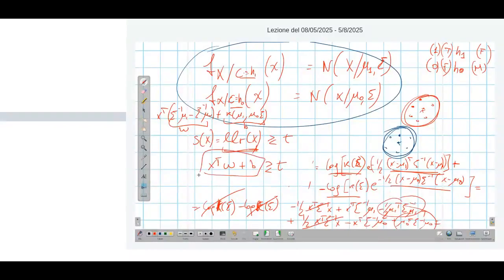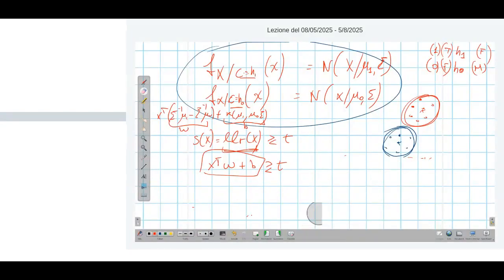So what kind of decision rule is this? This should not be new, because we saw exactly this like a month and a half ago. What kind of decision rule is it? Where is the boundary here, the separation boundary? The boundary is when this is equal to the threshold. What kind of surface is this?